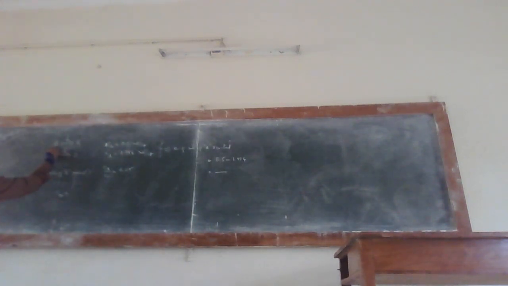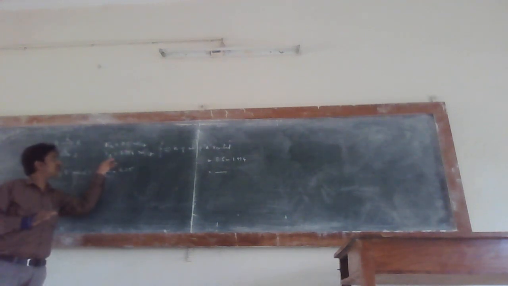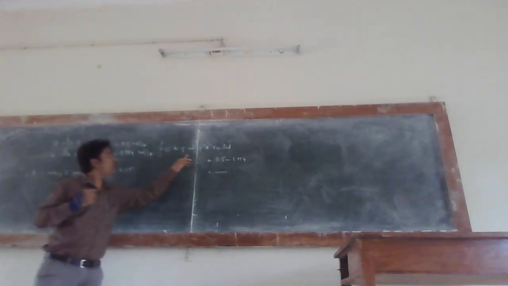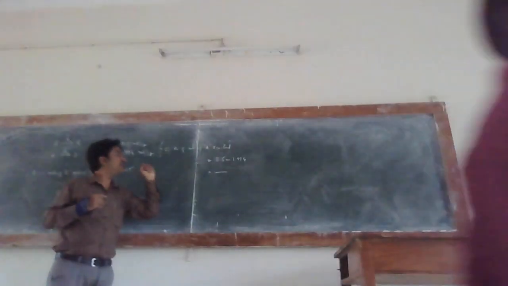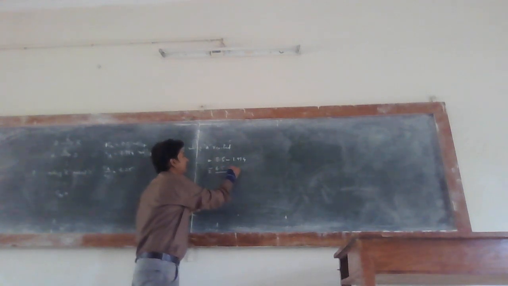A is reacting to form R, and A is reacting to form S. How many moles of A reacted? I started with some initial concentration of 8.5, and finally I reached the concentration of 1.994 from the equation. So how many reacted? Around 6.5 is reacted.